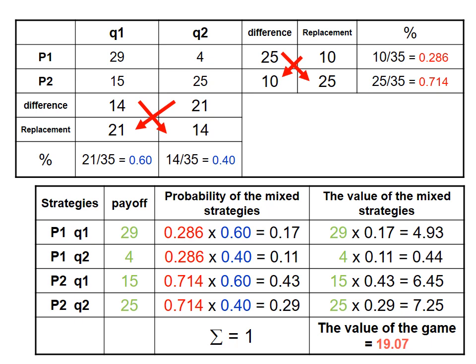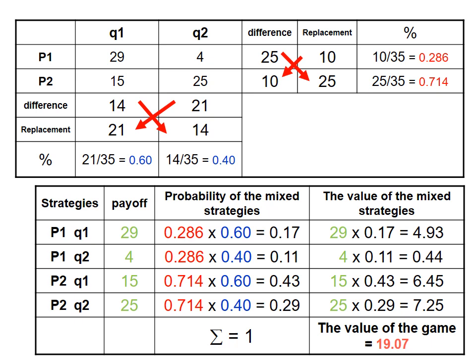The probabilities of the mixed strategies will be: for strategy B1 Q1, 0.17; for strategy B1 Q2, 0.11; for strategy B2 Q1, 0.43; for strategy B2 Q2, 0.29. The summation of this mixed strategy equals 1.